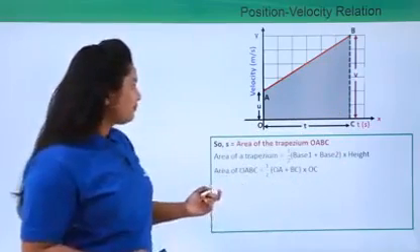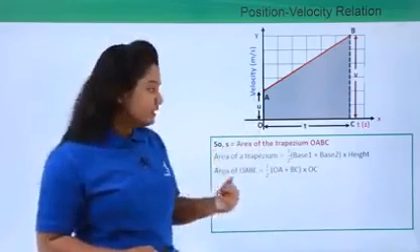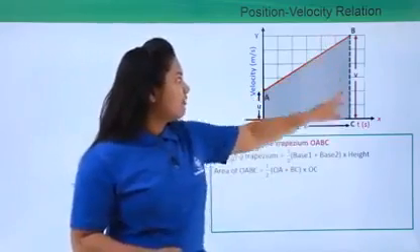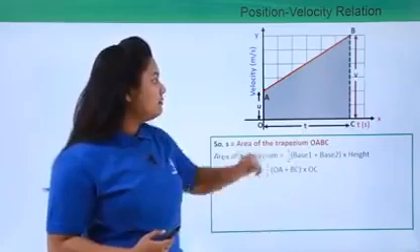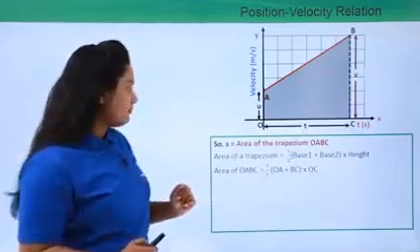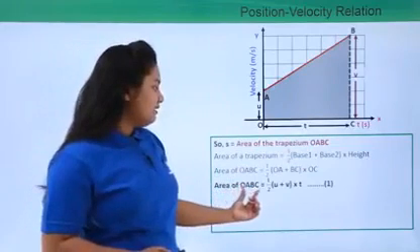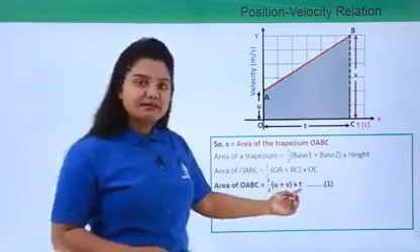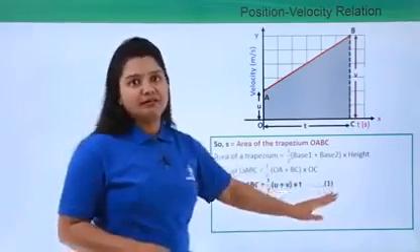OA, we already know, is u, the initial velocity, BC is the final velocity of the body, and OC is the time taken by the body. So on putting all these values, we have area of OABC equals half (u plus v) into t. Let us take this equation as equation number 1.